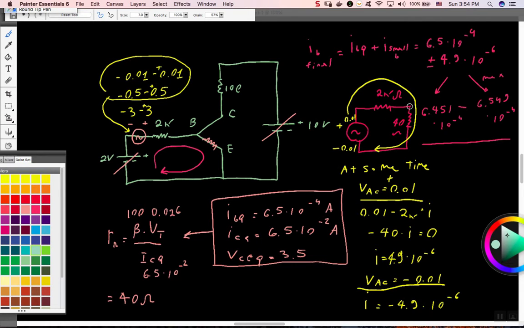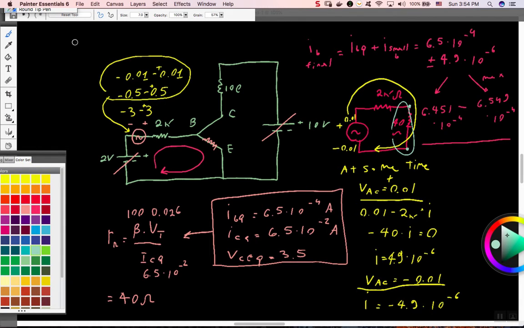So the voltage across those 2 points is actually the effect of the small signal on VBE. So the voltage across the 40 ohm resistor would be the effect of the small signal on VBE.